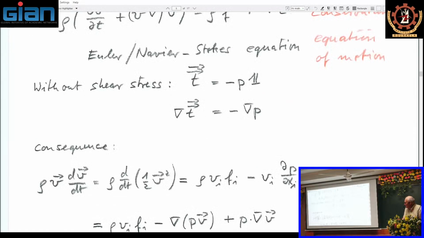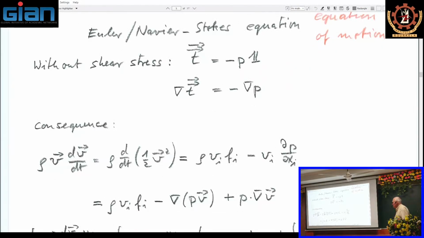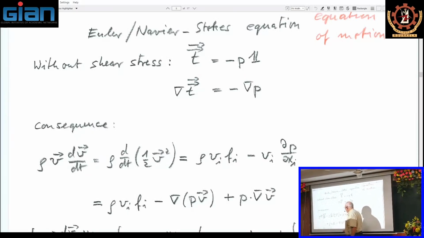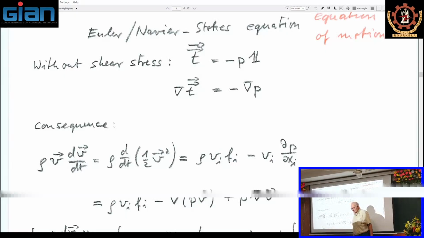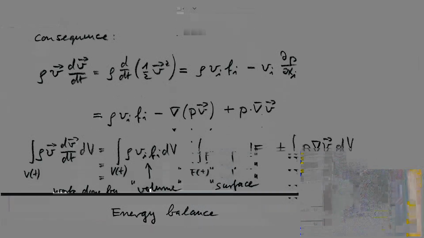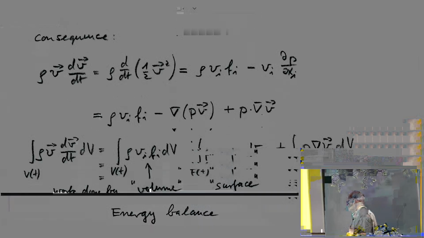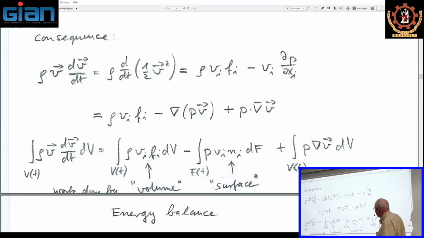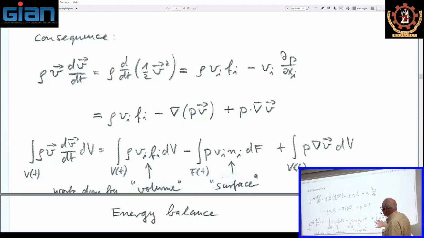So the first consequence we did within the Lagrangian formulation, we multiplied the acceleration with the velocity vector, which is then the work done by the volume or the external forces plus the work done by the surface forces plus one term left, which we will discuss in a moment.